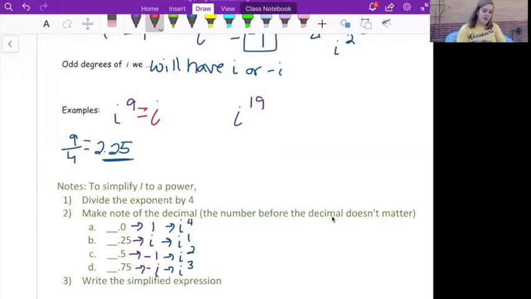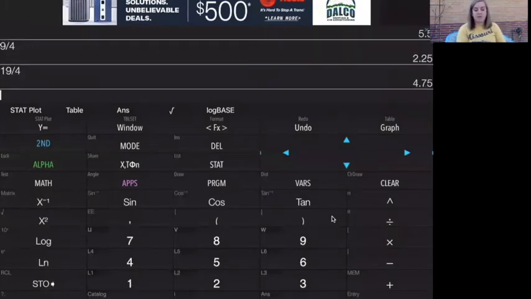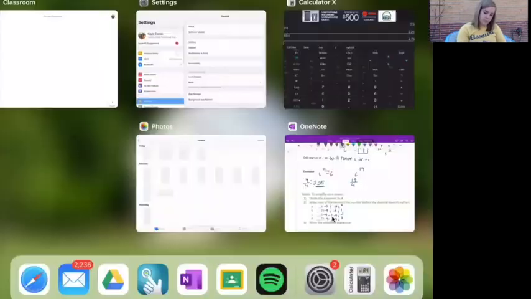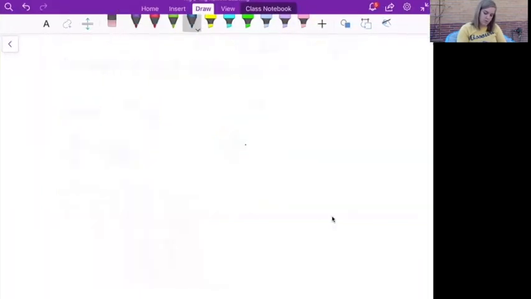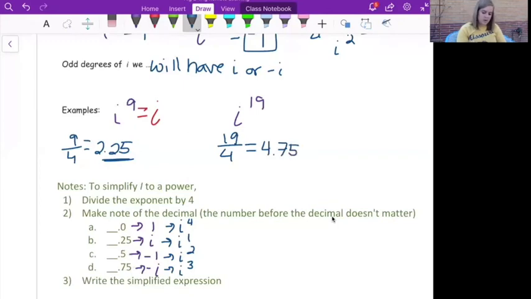And then if we take 19 divided by 4, this gives us 4.75. And so then this is going to be similar to i cubed, which is going to be negative i.